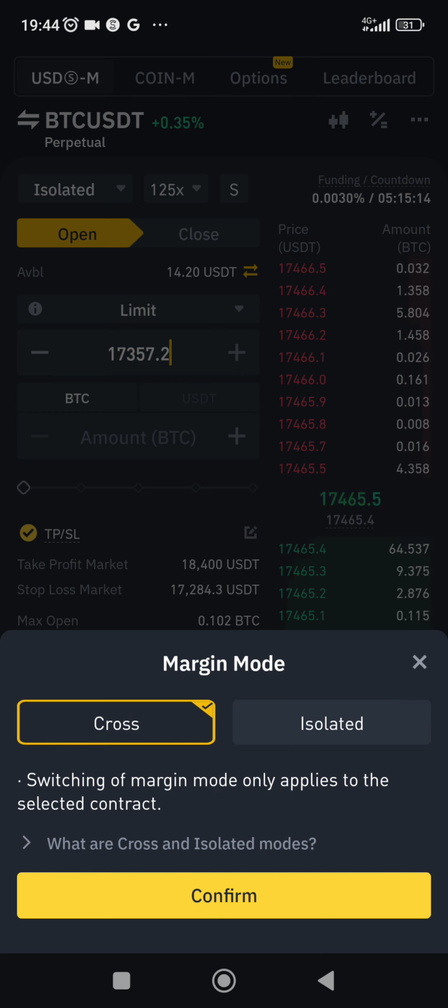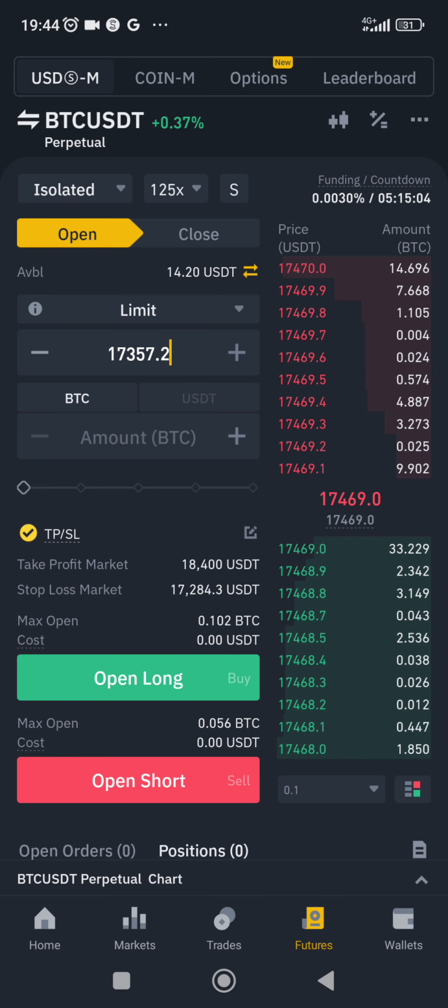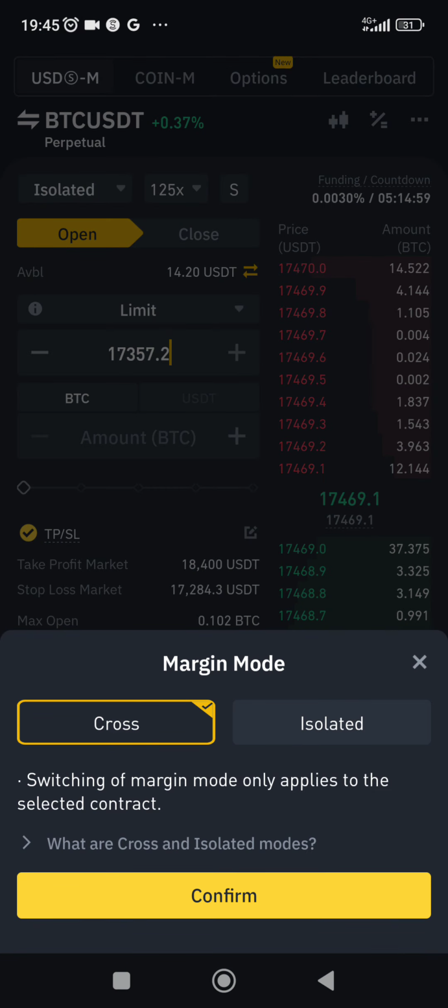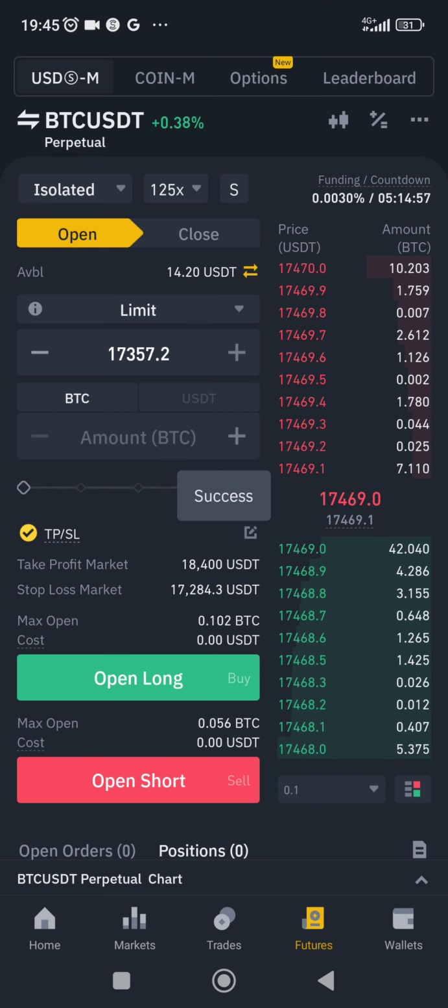Now, what is margin? Margin is the amount of money you are putting inside that trade, the amount of money you are using to buy or sell in that trade, okay? That's what margin is. So if you are selecting cross margin, that simply means that anytime you run out of margin, let's say the trade begins to go against you and your loss is getting closer to your margin.